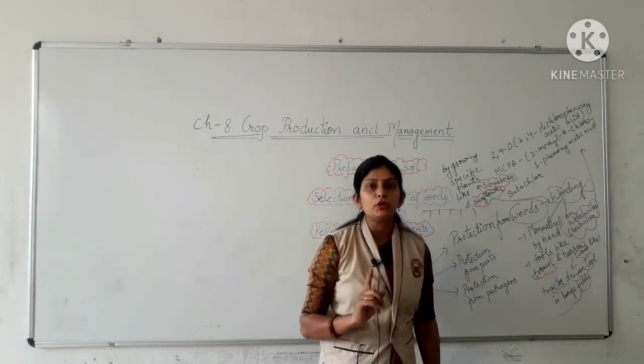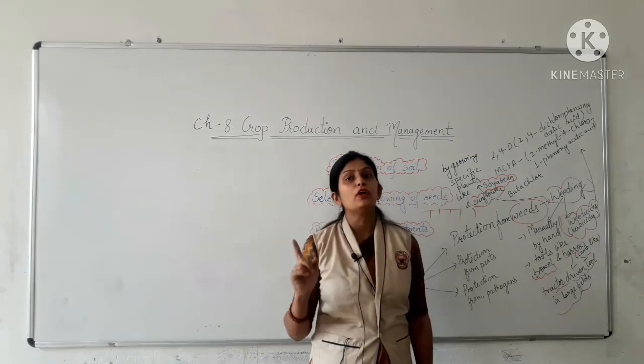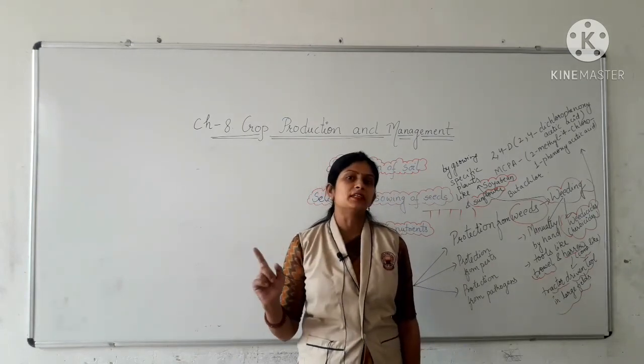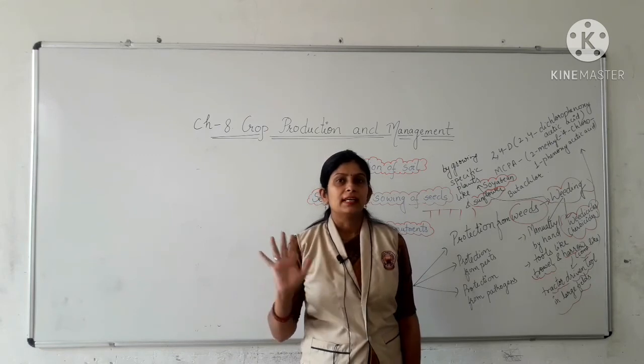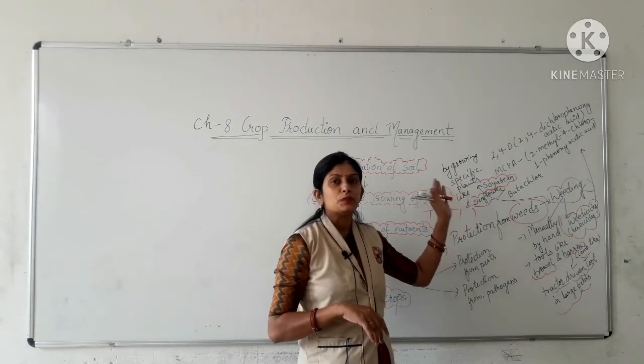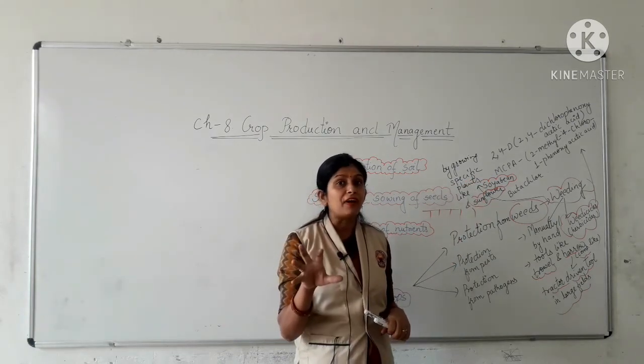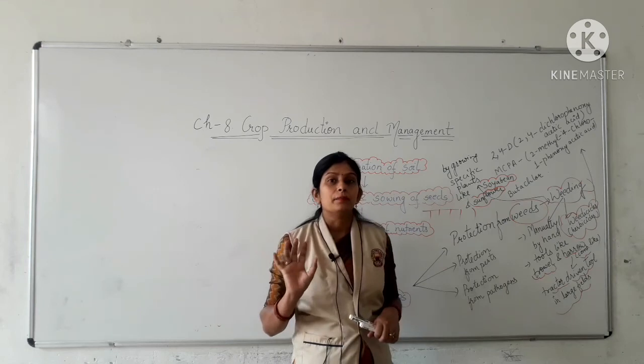In addition to this, there is one more method by which we can remove or destroy weeds from our fields. That is by growing or cultivating special kind of plants like soya bean, sunflower in the field.